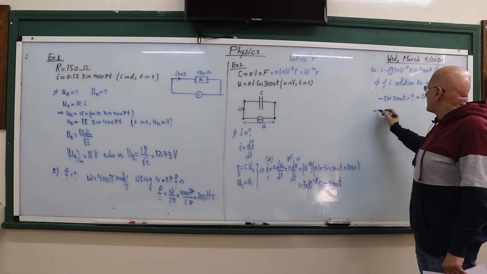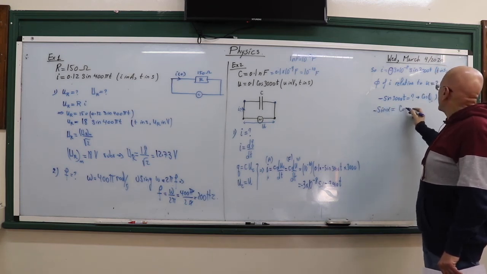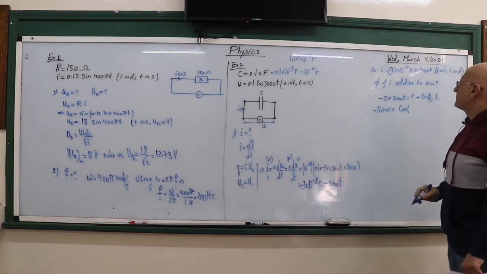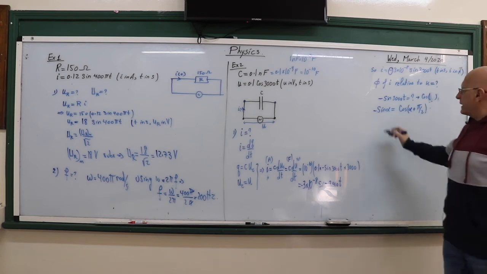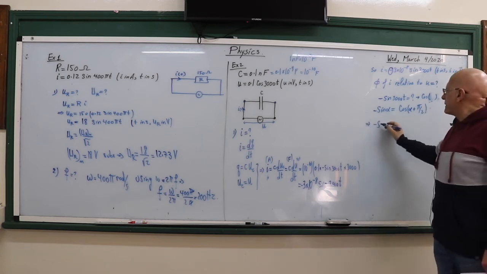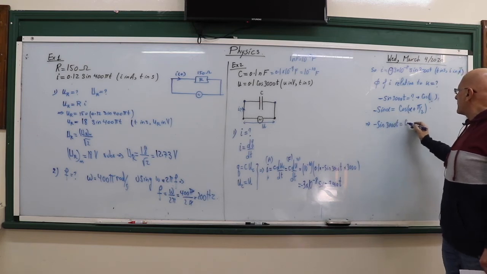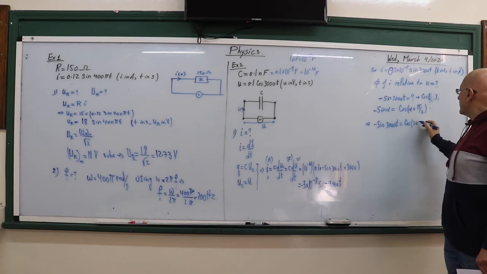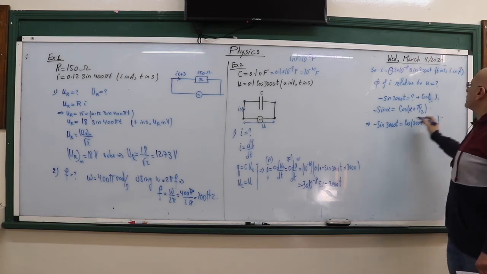Using trigonometry, minus sine alpha equals cosine alpha plus pi over 2. This implies minus sine 3000 t is equal to cosine 3000 t plus pi over 2.